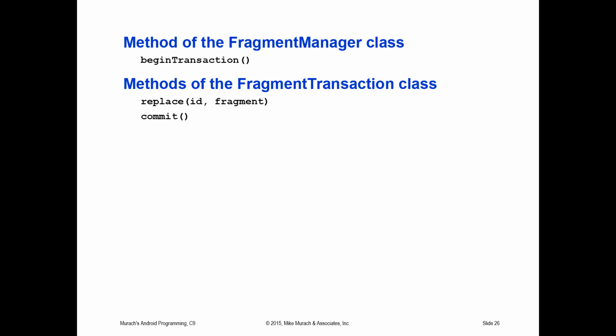To do that, the code uses the getFragmentManager method that we saw previously to get a fragment manager object. All right. The code that you see here accomplishes the same task as the code shown earlier in Figure 9.6 on pages 270 and 271.